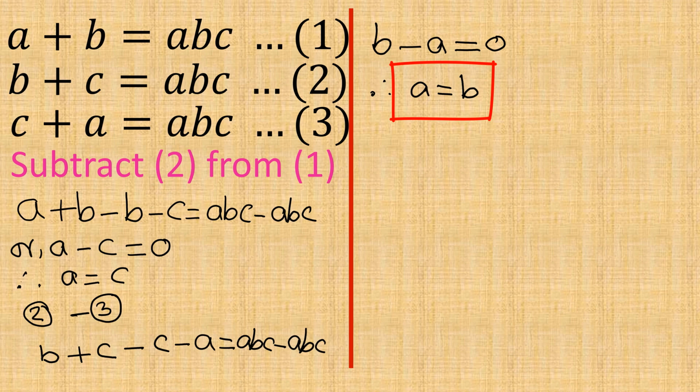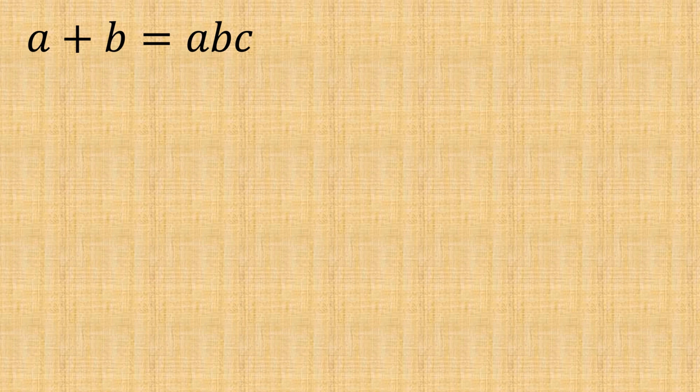Here we get A is equal to B, and here we get A equal to C. From these two identities, we can write A is equal to B is equal to C. Now consider the equation 1. A plus B is equal to ABC.